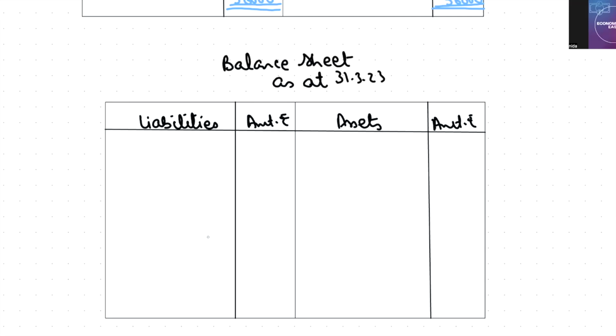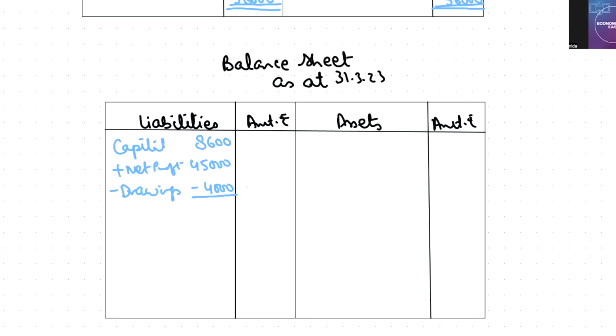Now, first of all, capital, add net profit, and drawings are also there. Okay. Capital is what? 8,600. The net profit is 45,000, अभी जो हमें मिला है. And less drawings 4,000.